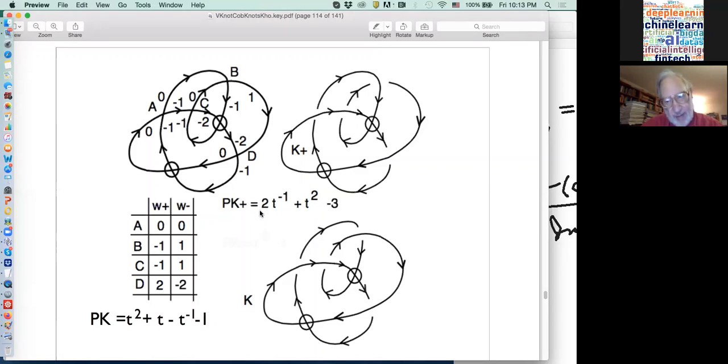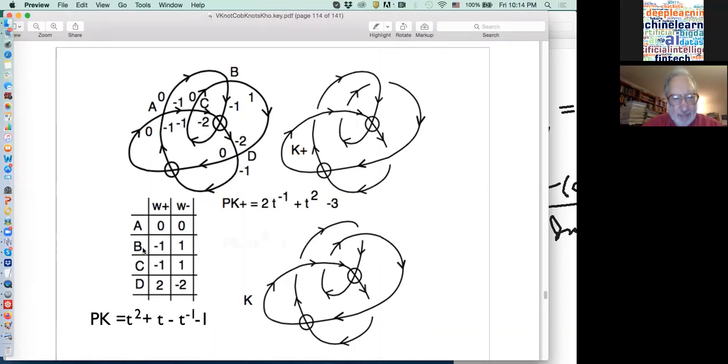On the other hand, I'm interested in the affine index polynomial for this. And then I'm also interested in what would happen if I switch one crossing, which is what I've done here. We can calculate both of these from the weights table. Let's look carefully. It's been labeled, and let's check the weights. At A, 0.